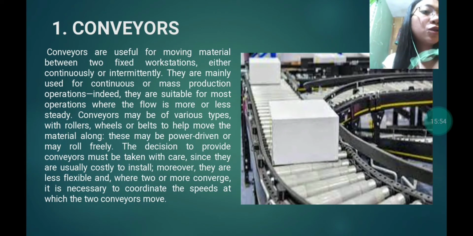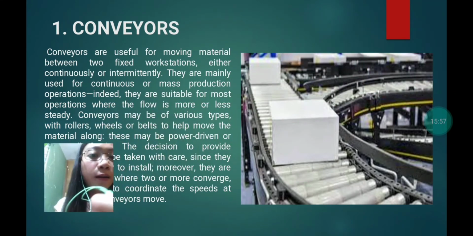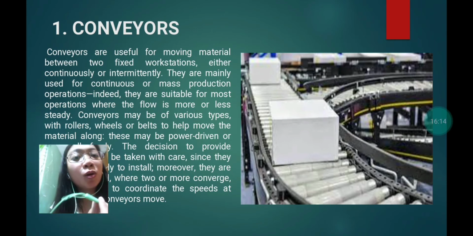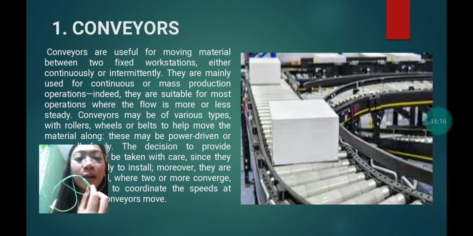The picture that you have seen there is a conveyor. So as you can see, if you look at this, like a sardine factory, they have conveyors because they have mass production. A factory making soap, lotion, anything, as long as there is mass production, they have conveyors.